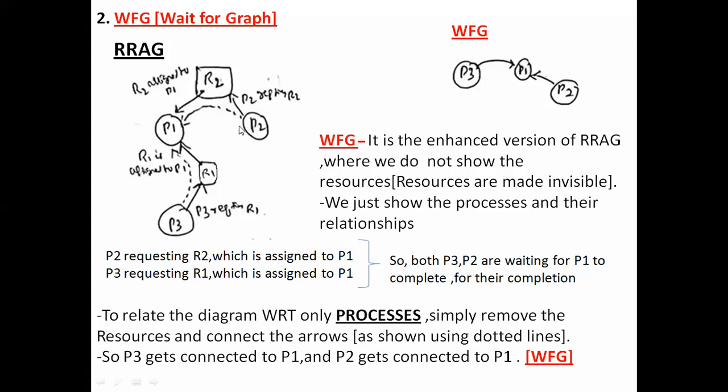Suppose I delete this particular resource, or I'm not showing the resources R2 and R1 here, then you can have an imaginary line which connects this process P2 with the process P1. And if I remove this R1 resource, I can have an imaginary line which connects this process P3 with the process P1.